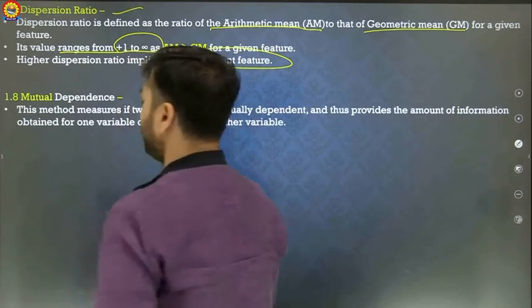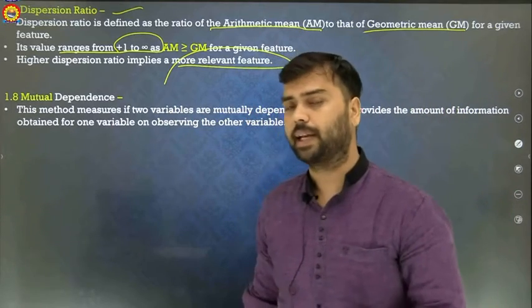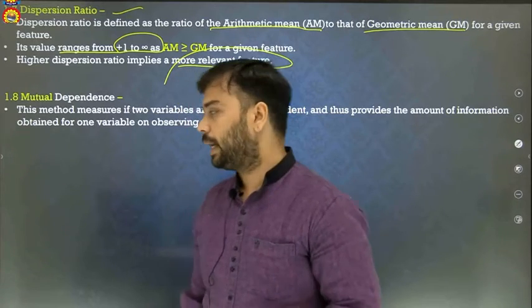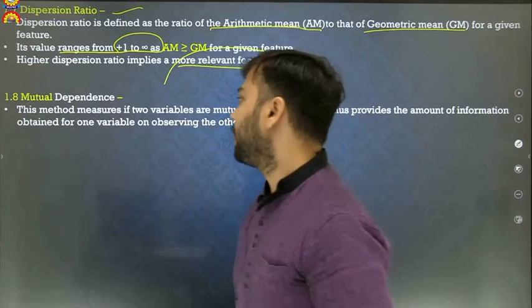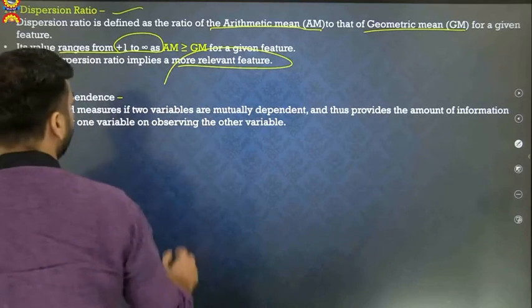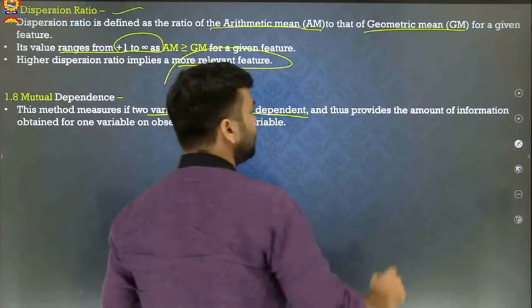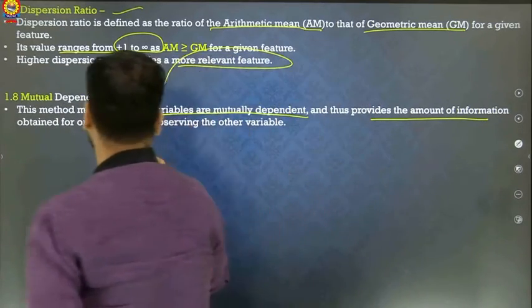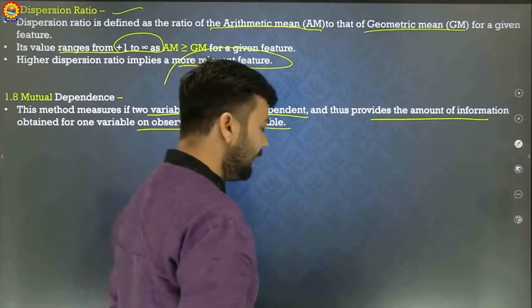Then the mutual dependence method, the second last method. There are lots of methods of filtering; we are simply discussing the popular ones. The eighth one is the mutual dependence method of filtering. This method measures if two variables are mutually dependent, and thus provides the amount of information obtained about one variable when observing the other variable.